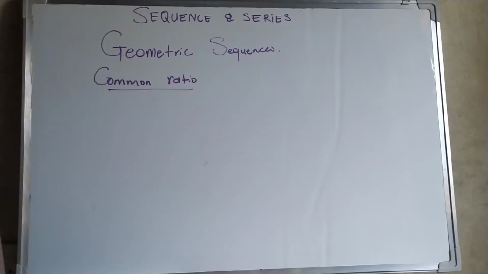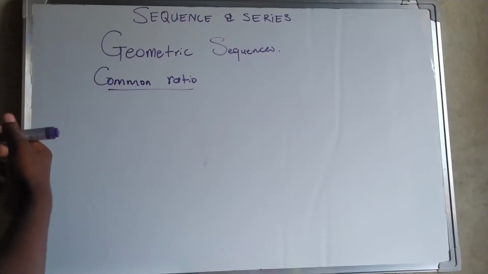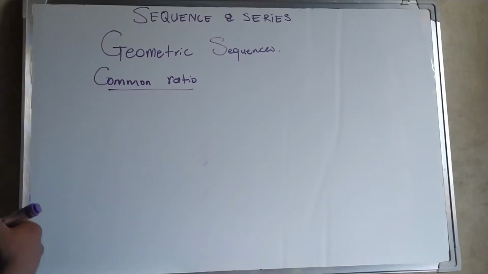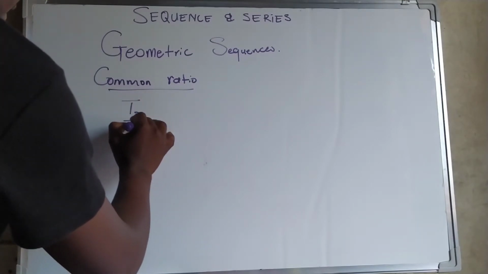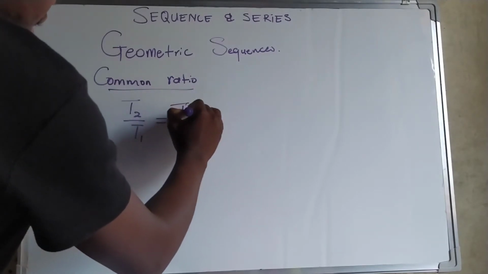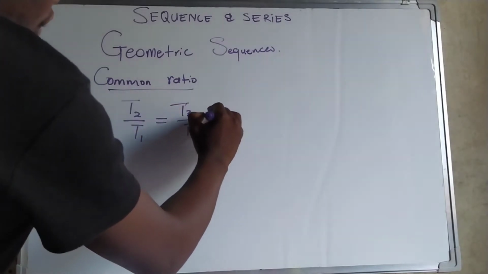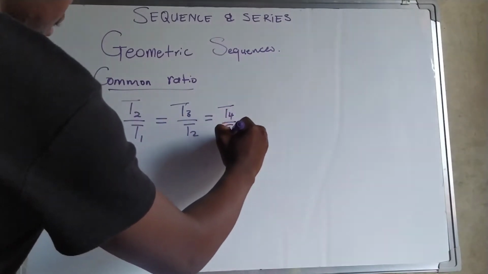We define this kind of sequence as a sequence where the ratio between consecutive terms remains constant. What we mean by this is that if you look at T2 divided by T1, you find that it is equal to T3 divided by T2, or it is equal to T4 divided by T3, okay?